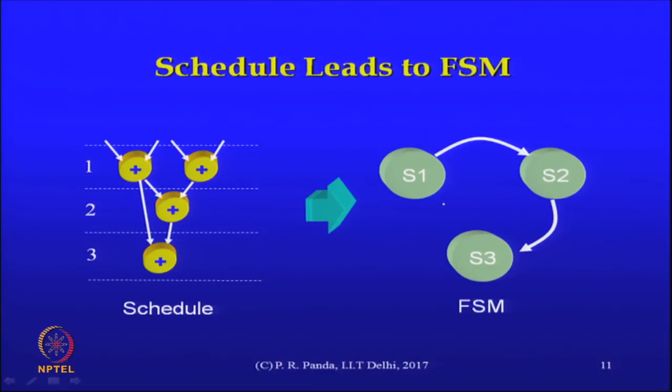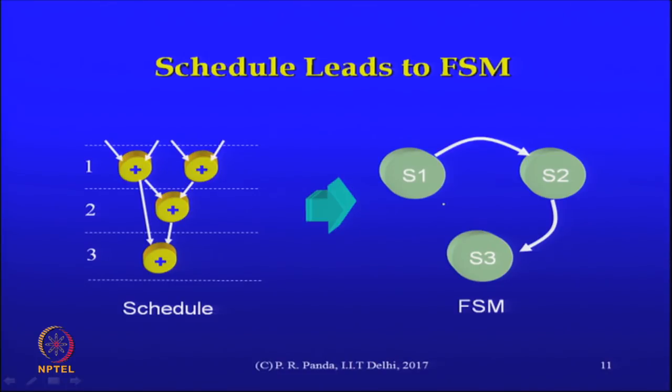Why do we do this schedule? Remember, our objective in high level synthesis is to go closer and closer to the lower level of abstraction, right. So, remember, this timing was left out in the abstract description, that was the input, and we are trying to add more and more timing level detail into the design.